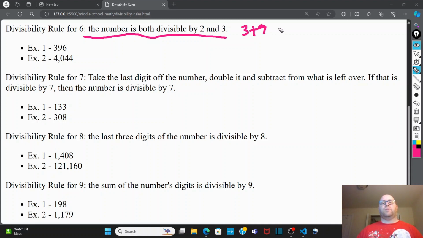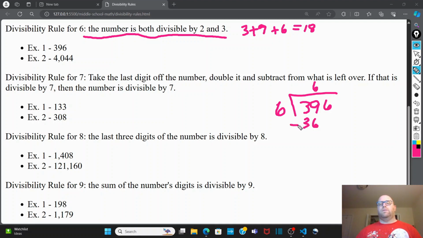Now let's take 396. We'll add up the digits. So 3 plus 9 plus 6. 3 plus 9 is 12, plus 6 is 18. 18 is divisible by 3. So 396 should work. Let's just check it out. Divide it by 6. 6 goes into 3 0 times, but it goes into 39 6 times. 6 times 6 is 36. 39 minus 36 is 3.